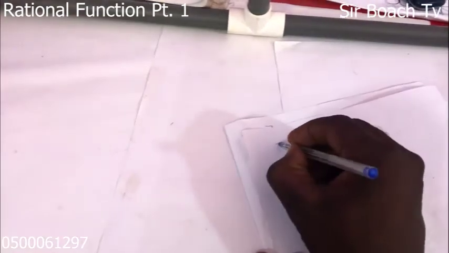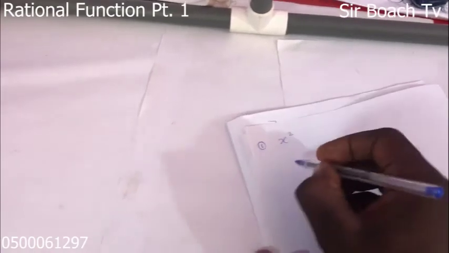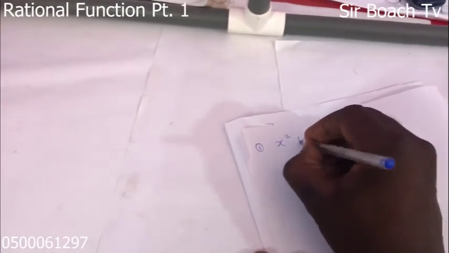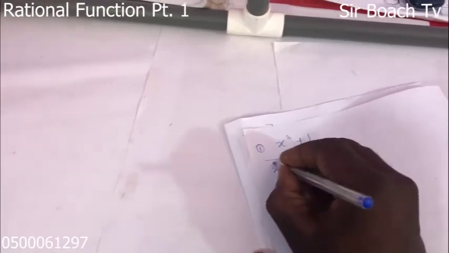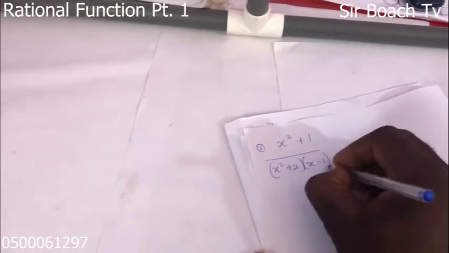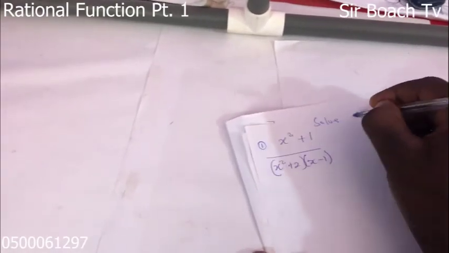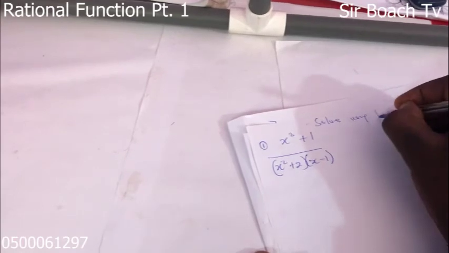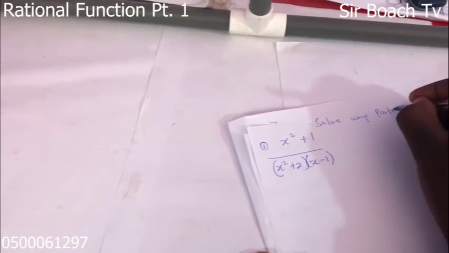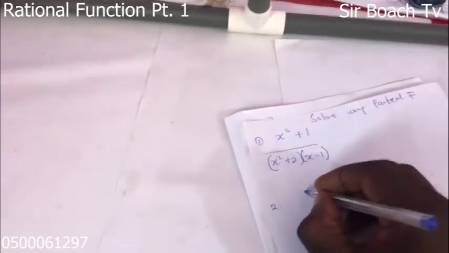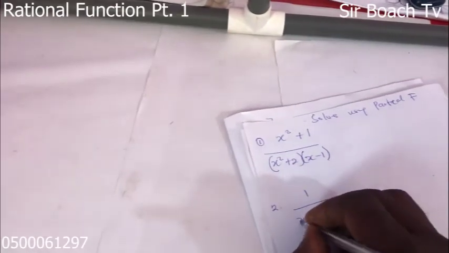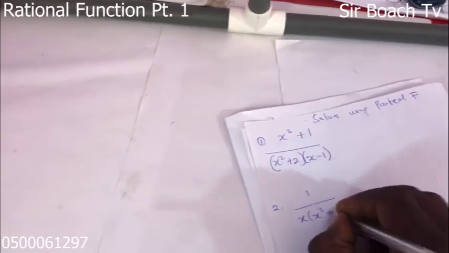So we have s square plus 1 all on s square plus 2 and also x minus 1. Solve using partial fractions. So this is number 1, that's number 2. We have 1 on x bracket s square plus 1.